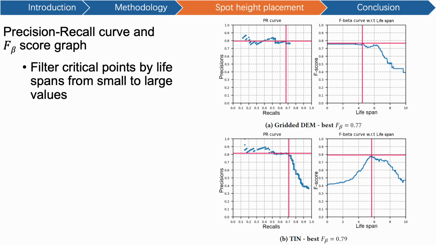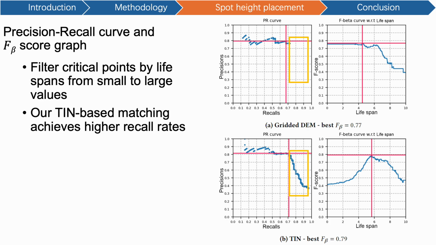In both figures, critical points' lifespan is used as a filtering threshold. As highlighted by these yellow rectangles, the grid-based method cannot reach higher recall rate due to the resolution limit. In other words, denser sampling in the mountainous region improves the recall rate of critical points.